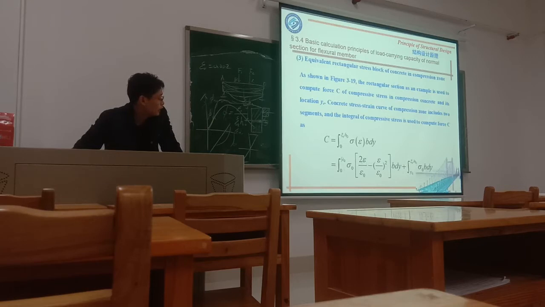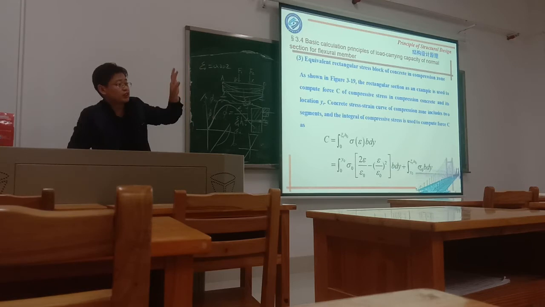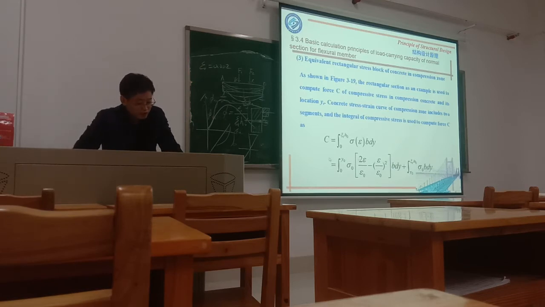In the first part the stress distribution is a curve, so we use this formula, and in the second part the compressive stress is constant, so we use this value. Once you use these, you can get this force C. It looks very complicated, a little bit difficult to get this value.